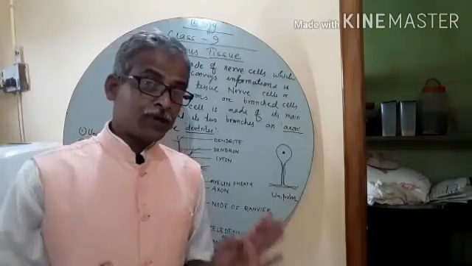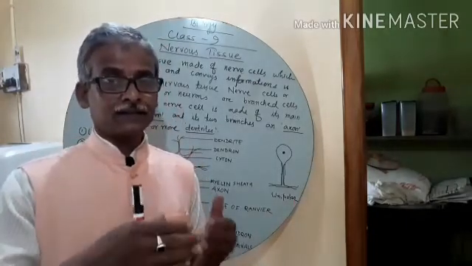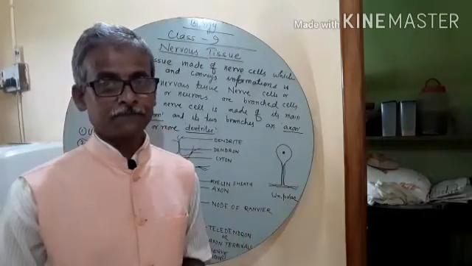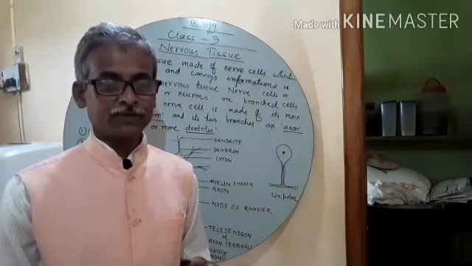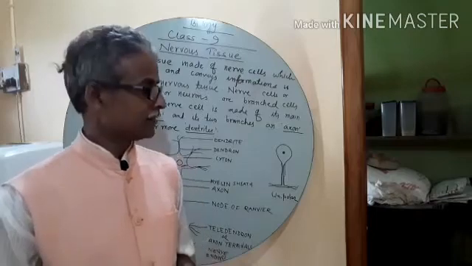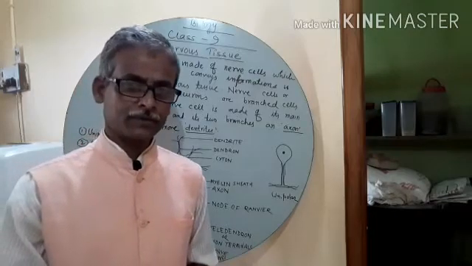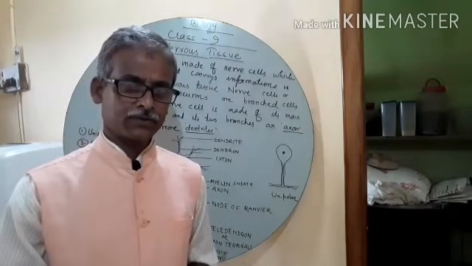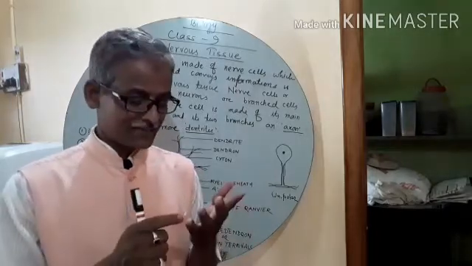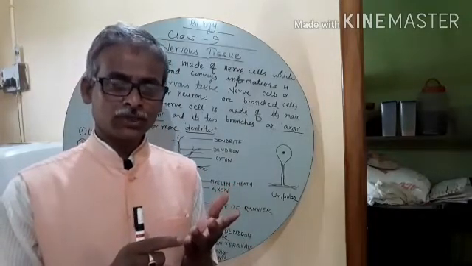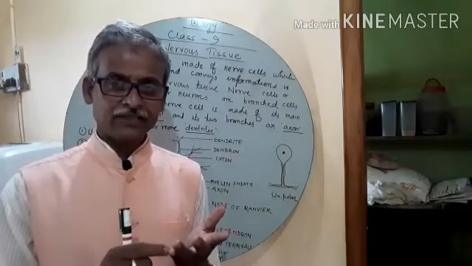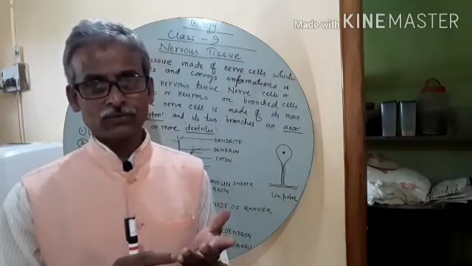On the basis of function, there are three other types of nerve cells. You will study about them in class 10, but know the names: sensory neurons, motor neurons, and interneurons or adjuster neurons.